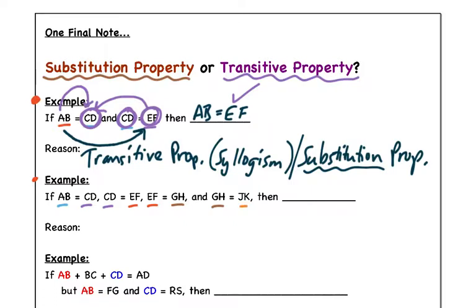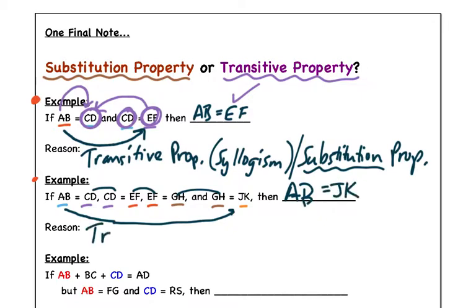Now, you could use substitution and work your way backwards, but probably the fastest way is to say, therefore, AB, since all these are combined, you can jump all the way in and say a huge syllogism of, therefore, AB equals JK. That also is basically transitive. Now, could you call it substitution? Yeah, you could, but that's really complicated because you have to keep substituting backwards and backwards and backwards. If we could do it in one step, it'd be transitive property.